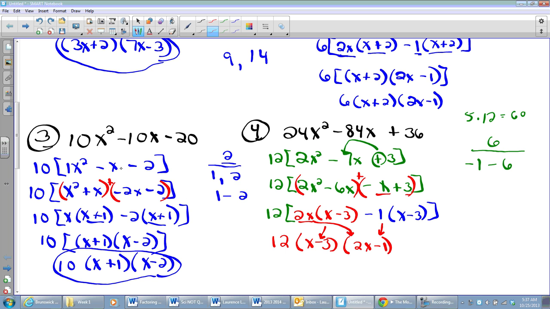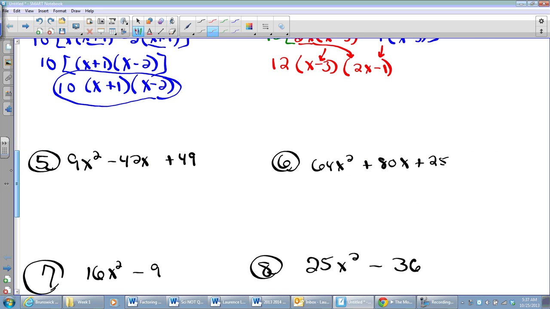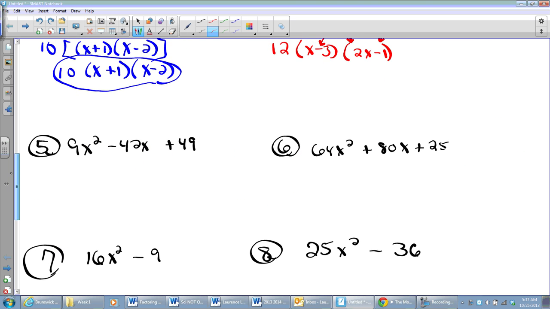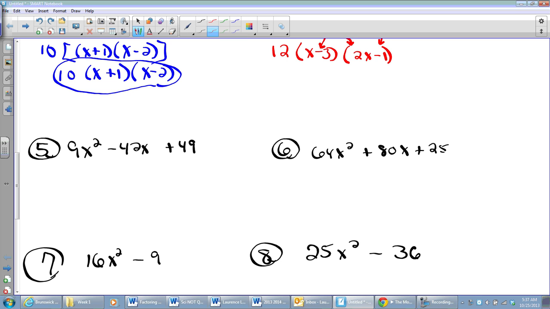Pretty easy stuff. Okay, let's look at some special patterns here. Now, there's no GCF hiding in these. Yeah, there's no GCF. But if I go to factor number 5, I can do it super quick. In fact, I know number 5 is going to factor like this. How do you suppose I did that so fast?